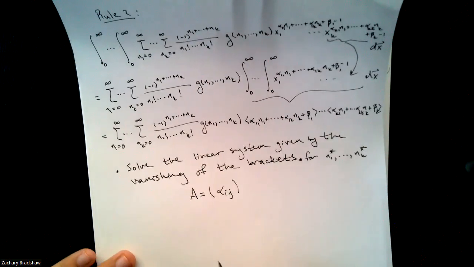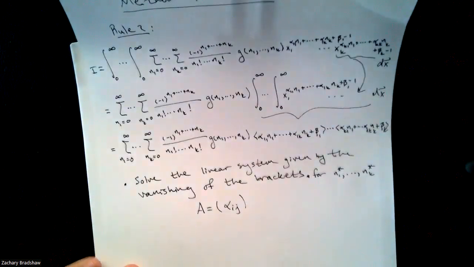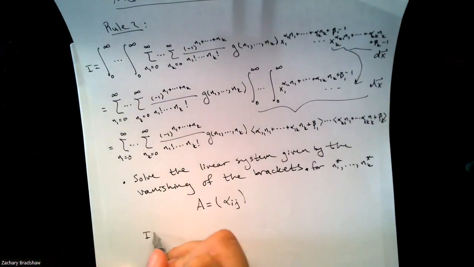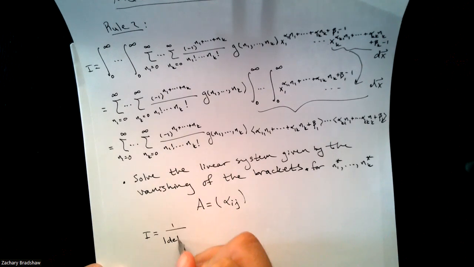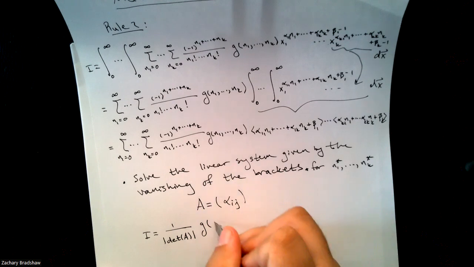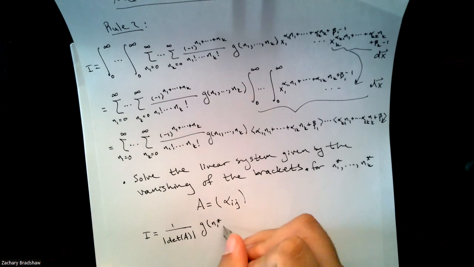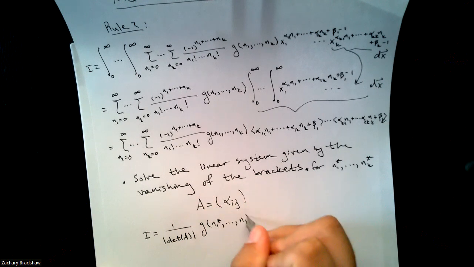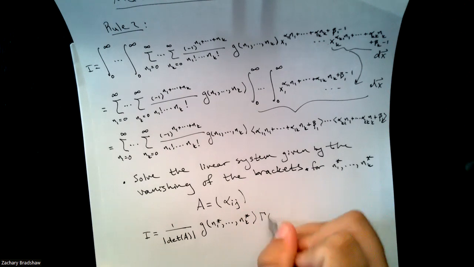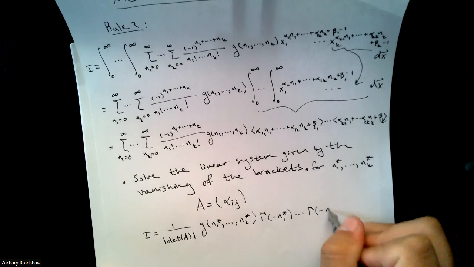Then the method of brackets tells us that the evaluation of this integral should be 1 over the absolute value of the determinant of this matrix A times G of, let's see, this is n1 star through nk star, times gamma of minus n1 star through gamma of minus nk star.